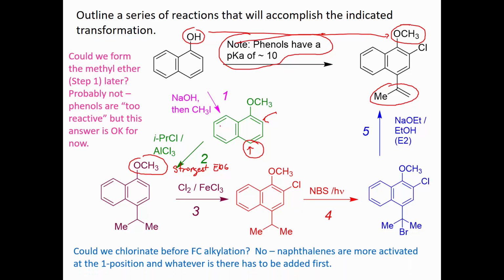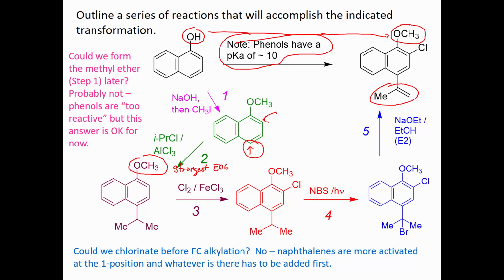All right, could we chlorinate before the Friedel-Crafts alkylation? Well, actually you couldn't, because remember, like we said before, in naphthalenes, you prefer to substitute at the one position, which is the position immediately adjacent to the benzene ring, because you get better resonance stabilization of carbocations by attacking the one position.